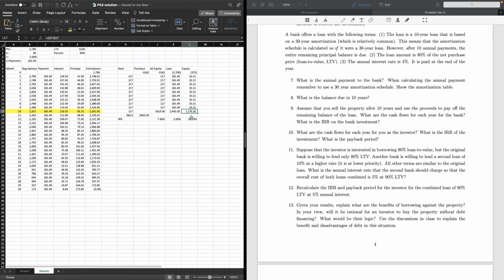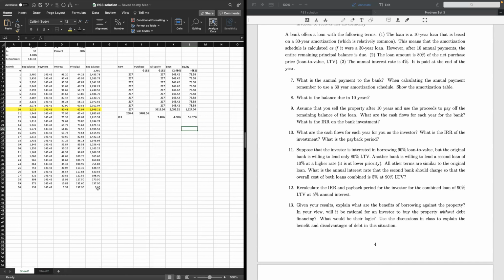This is what you get after selling the property. The IRR is based on this column, which is 18%. When I'm grading, I'm looking for something around 18%. Even if you get 16%, which is supposed to be here, I treat it as fine.